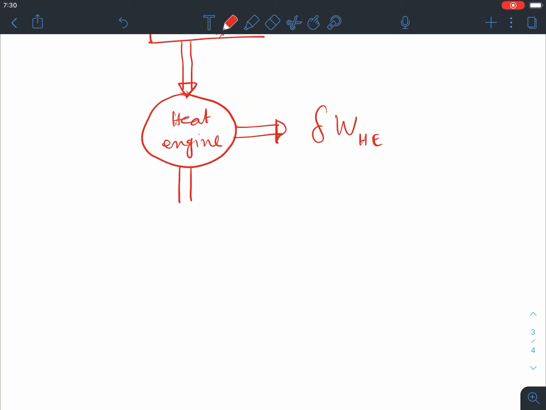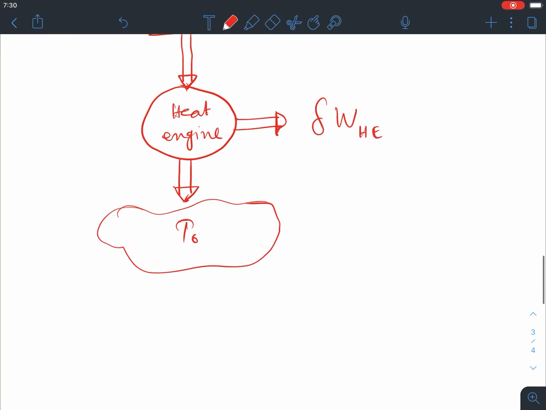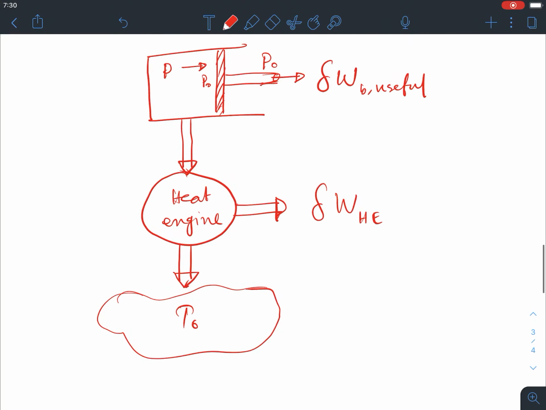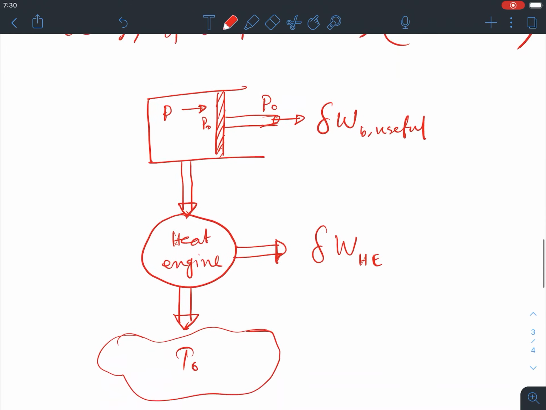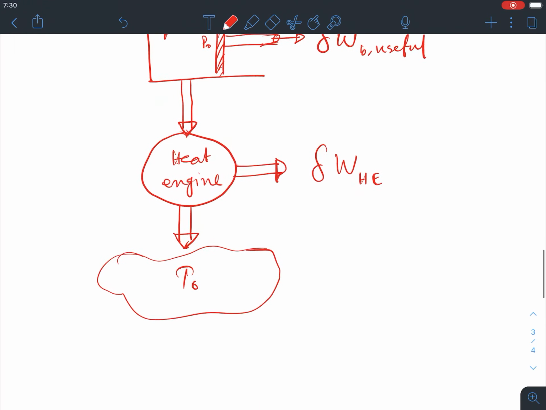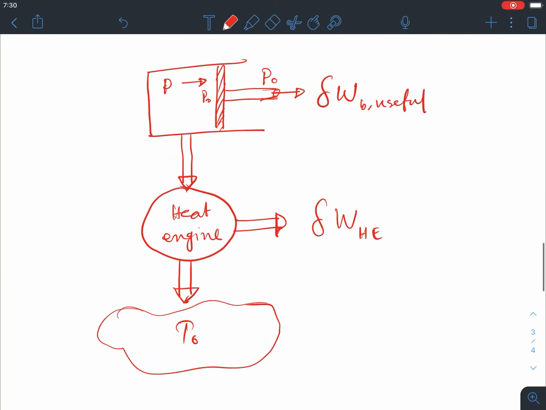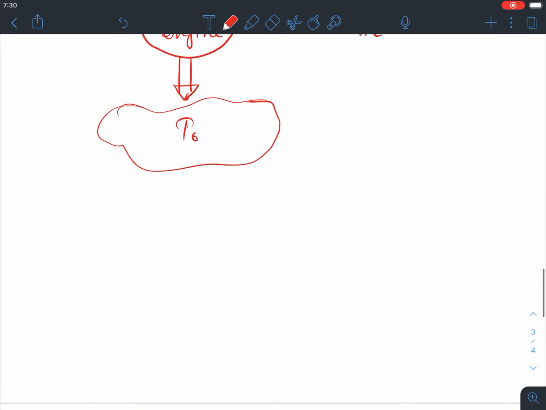And when this heat engine is producing work, it is also releasing some heat to the sink, which is at, let's say, T naught temperature. So now we know that a heat engine operates between two reservoirs, one is this system, the piston cylinder, and the other is the sink, right? The piston cylinder is also a work producing device, and this engine is also producing some work.